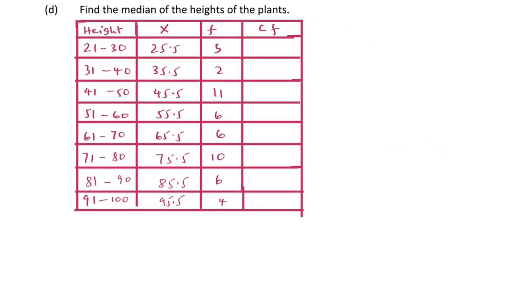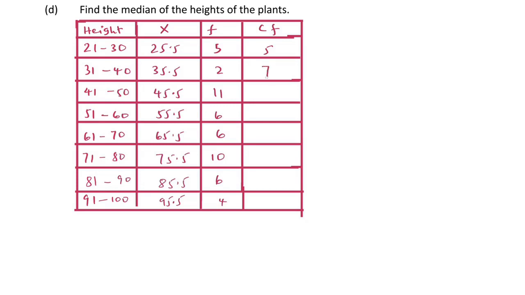For part D, we are supposed to find the median of the heights of the plants. To find this, we are going to add a cumulative frequency column. For the first class, our cumulative frequency value is going to be 5. The next one, we take 5 plus 2, which equals 7.